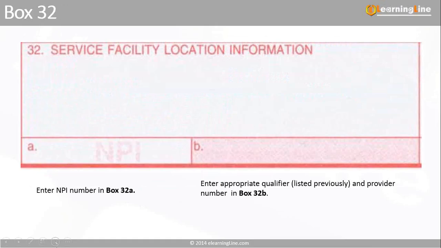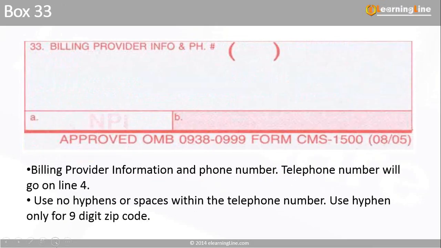Then you have the service facility location information. We are trying to find out what was the facility, what was the hospital, what was the urgent care where the service was performed. Then you have 32A, which is for NPI, 32B is for the proper qualifier. Now the billing provider information and phone number. The telephone number will go on line 4.